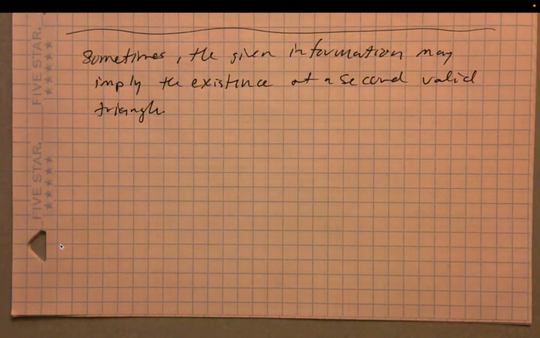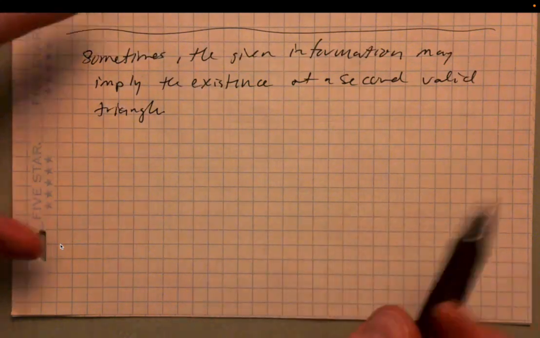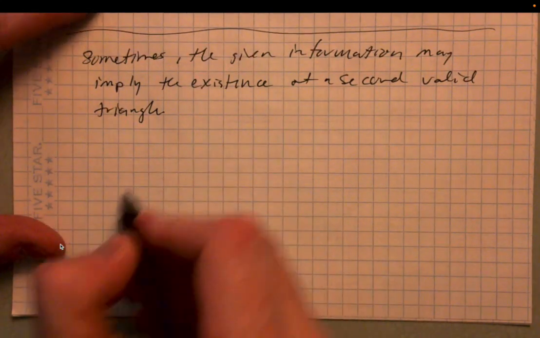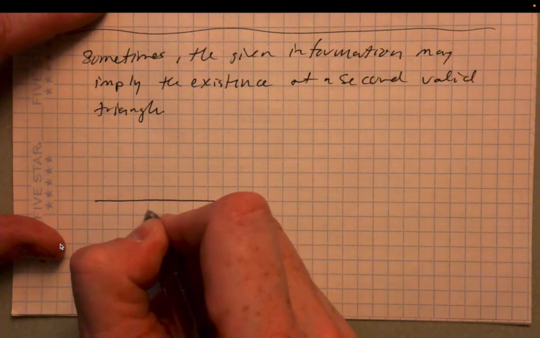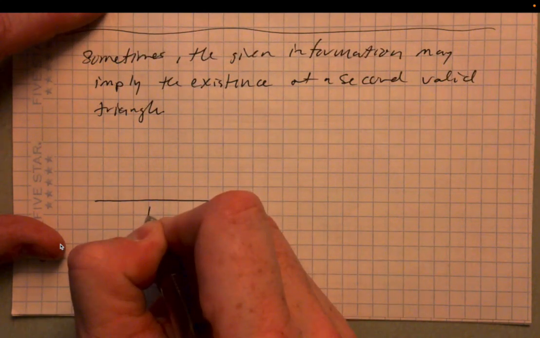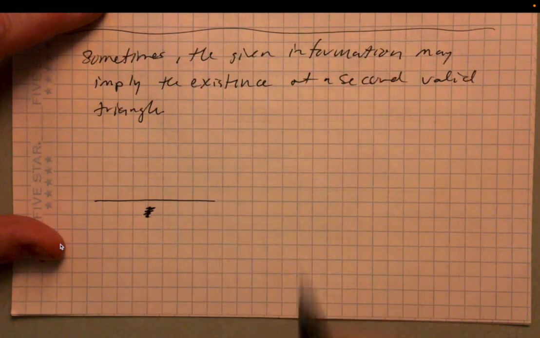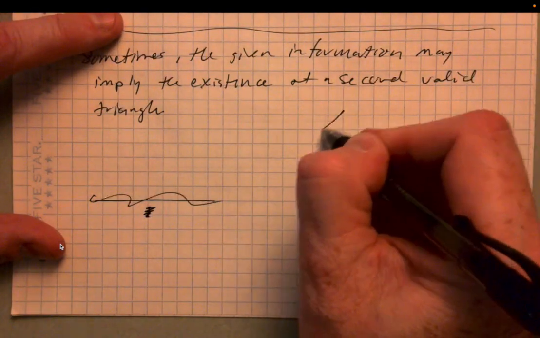Okay, and so an example of that might be, let's say I have a triangle. Well, let's say I'm told this side here, right? Actually, I'm not told this side, sorry. Let's say I'm told this side here.